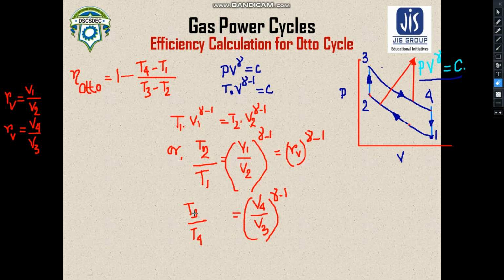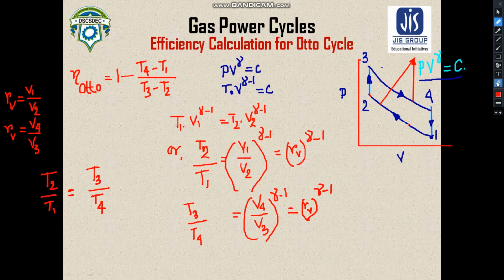So here you can write T3 by T4. Now this is also the compression ratio to the power gamma minus 1. It can be easily understood. So now you can write T2 by T1 is equal to T3 by T4. Very simple.